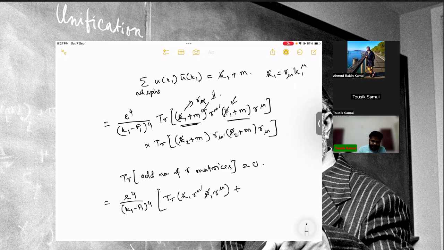So there should be 4 terms, but 2 of the terms will have 3 gamma matrices in it. Okay, so these 2 multiplied with these 2 will become total 4 terms. But let's say m times k1 slash times gamma mu prime times gamma mu, it has 3 gamma matrices, so eventually it will become 0.